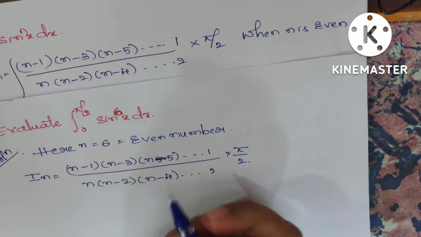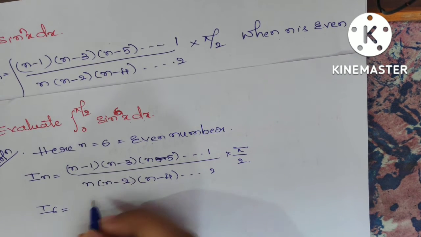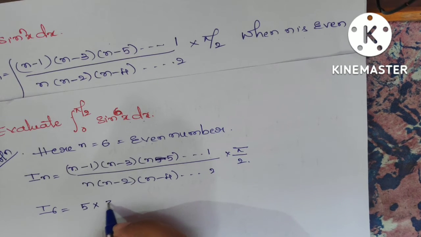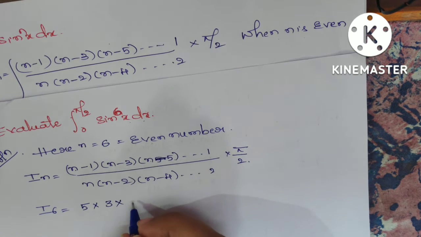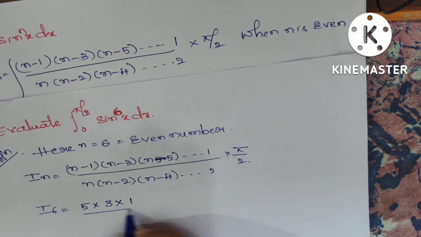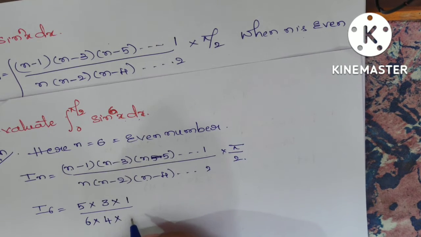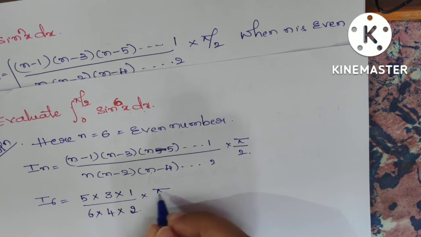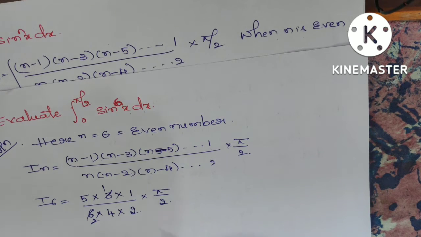N is 6 here. I6 equals 6 minus 1 is 5 into 6 minus 3 is 3 into 6 minus 5 is 1 divided by 6 into 6 minus 2 is 4 into 6 minus 4 is 2 into pi by 2. 3 ones are, 3 twos are, this gets cancelled.